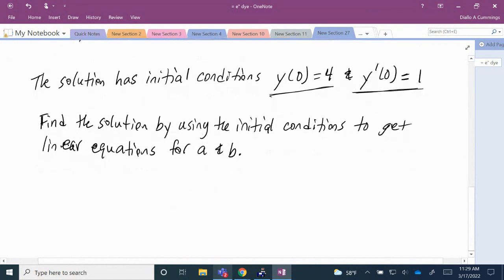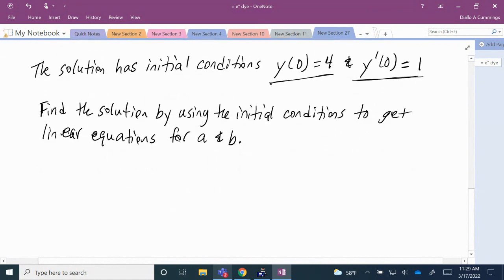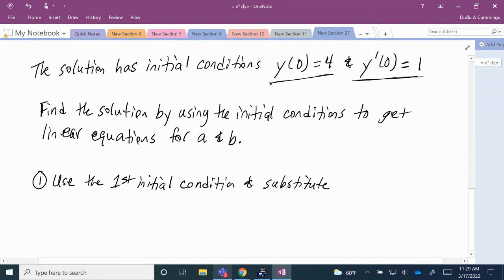So here is the first step. We want to use the first initial condition and substitute into the given equation.